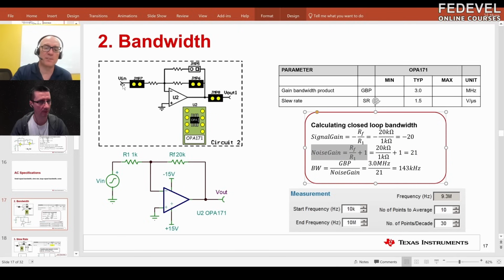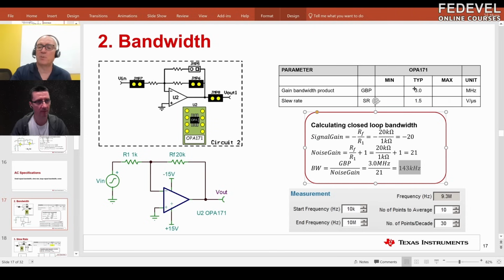Even though the signal is applied to the inverting input, you would calculate the bandwidth using the non-inverting gain equation, but the numbers come out fairly close to each other. Ultimately, we take the gain bandwidth product and divide it by the gain to come up with the closed loop bandwidth.